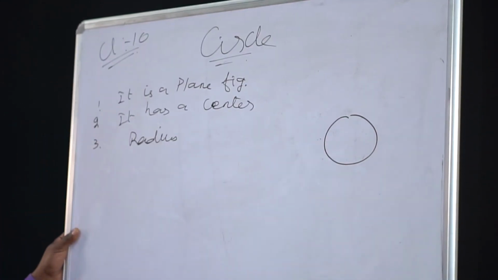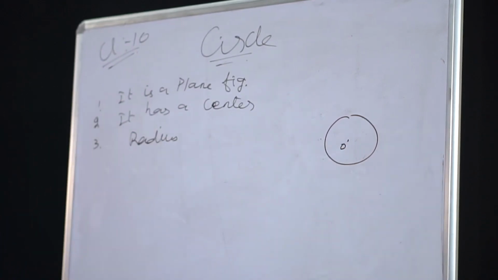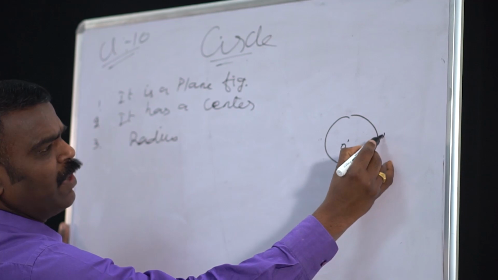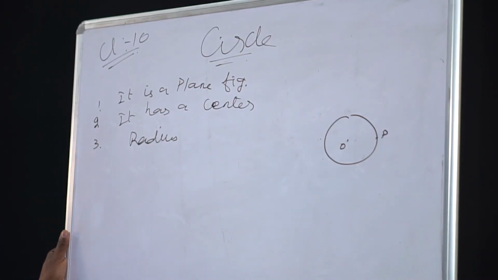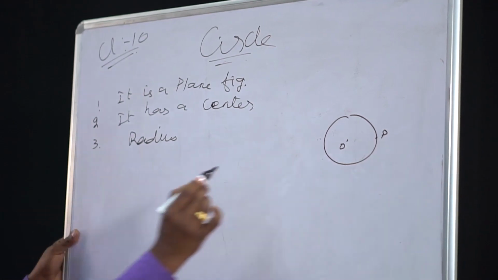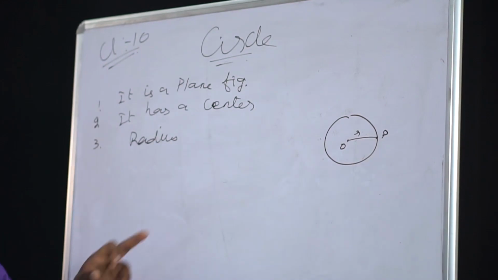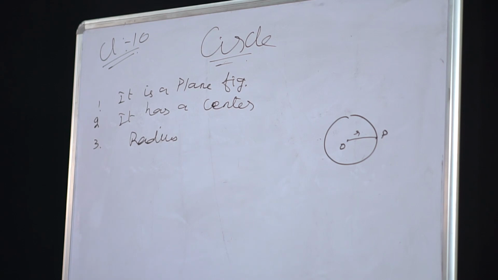It's a circle with center O. On the circle there are millions of points, right? Let us say point P. The line segment which is drawn from the center of the circle to any point on the circle is called which one?